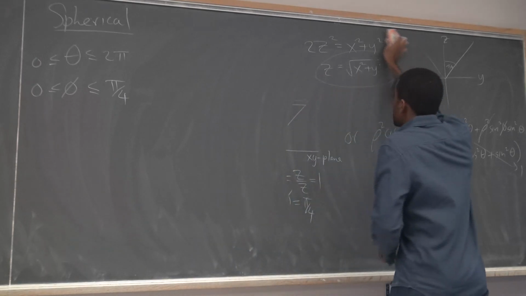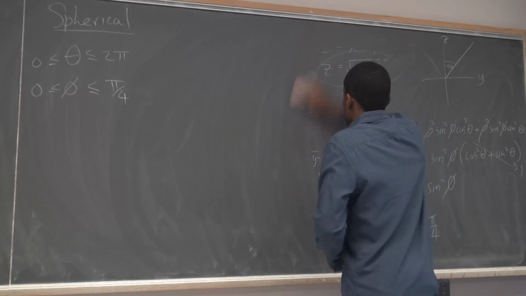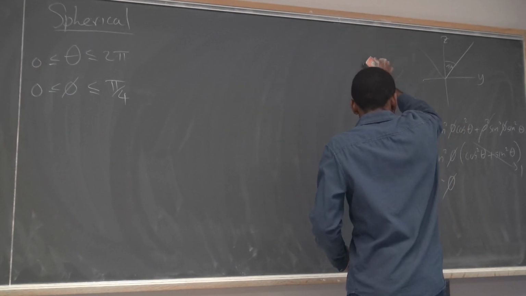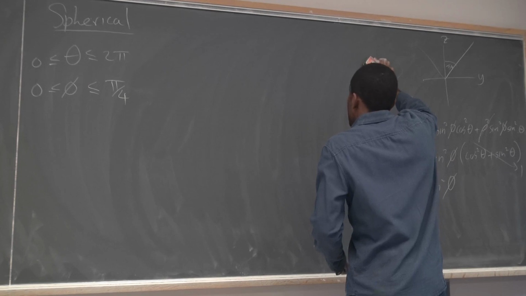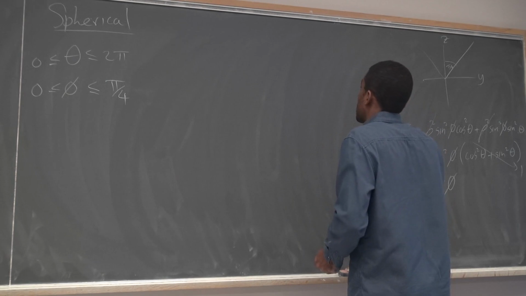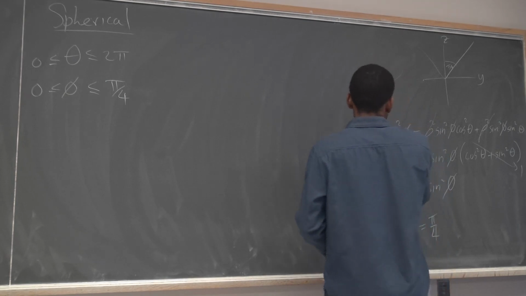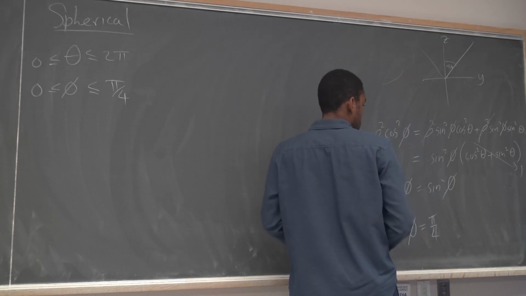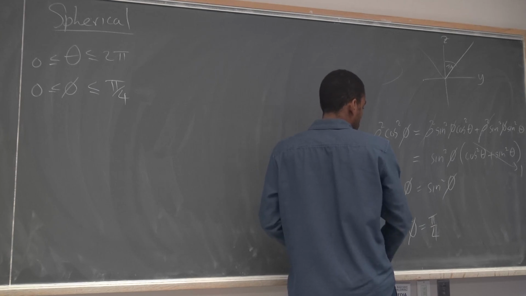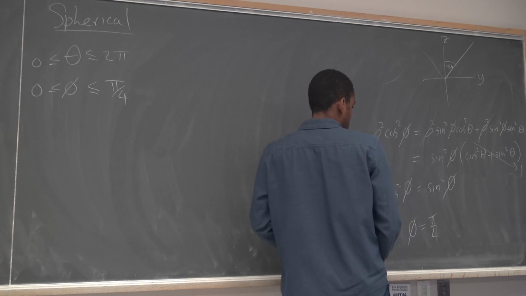Wouldn't that cone just be phi equals pi over 8? Yeah, if I gave you that cone, you just add the 2 to the z, so I'd have a 2 here and a 2 here. So you just end up with pi over 8 divided by 2.